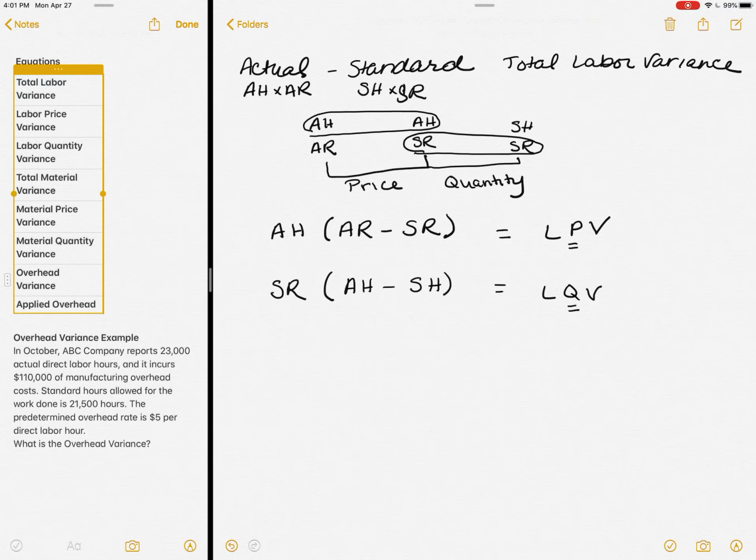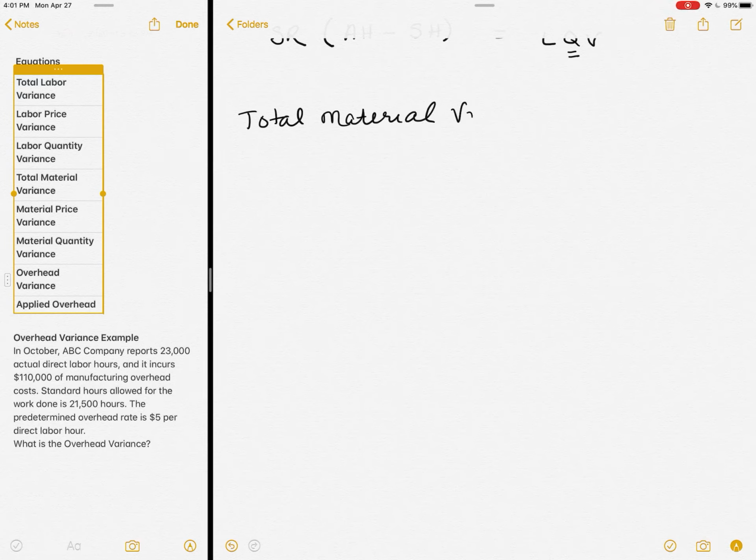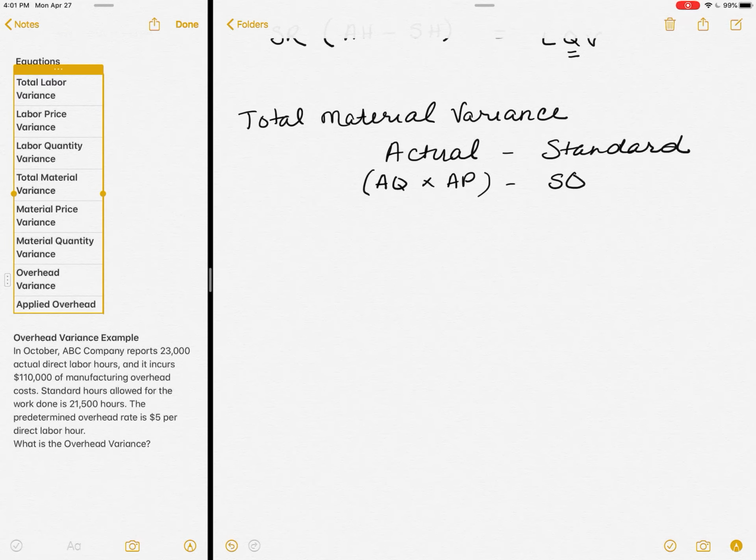Let's move on to our material variance. Again, if I look at that total material variance, it's going to take a look at our actual minus our standard. That's your equation for that, where your actual is your actual quantity times your actual price minus your standard quantity times your standard price.